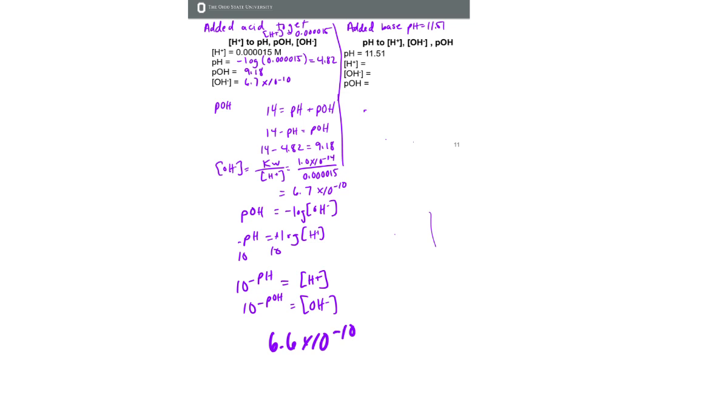When would we use KW and dividing by H plus to get OH minus? Well, if you didn't want to calculate pH and then pOH, let's say you had H plus and you needed the OH minus concentration, you can skip calculating pH to pOH and just use KW, slightly faster that way. That's kind of it. They're just different methods to get you the same number. You can choose your preference. Other things?